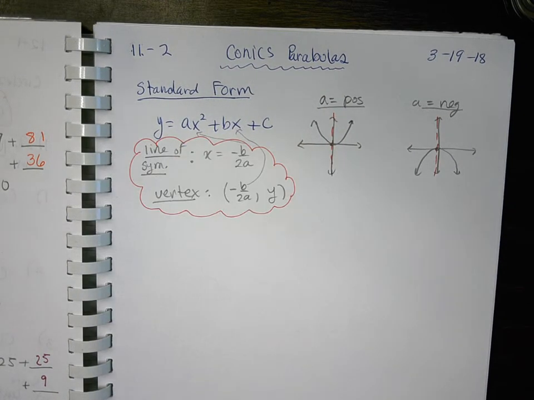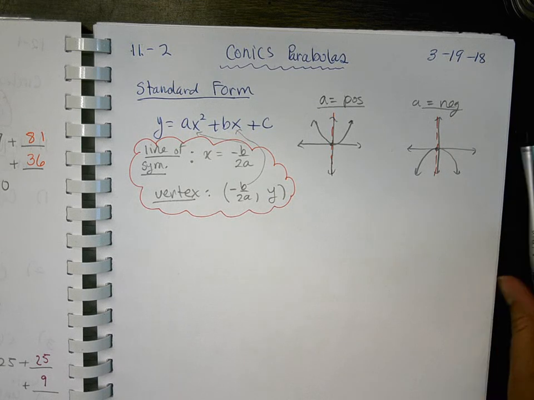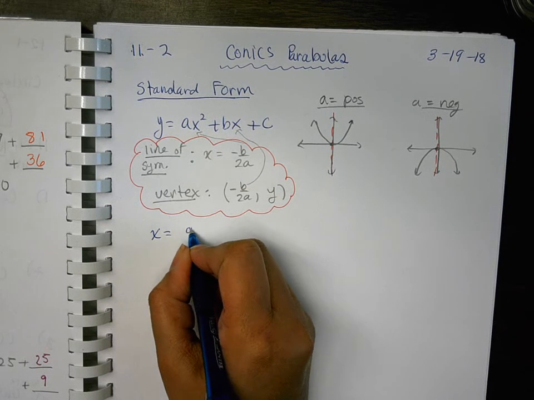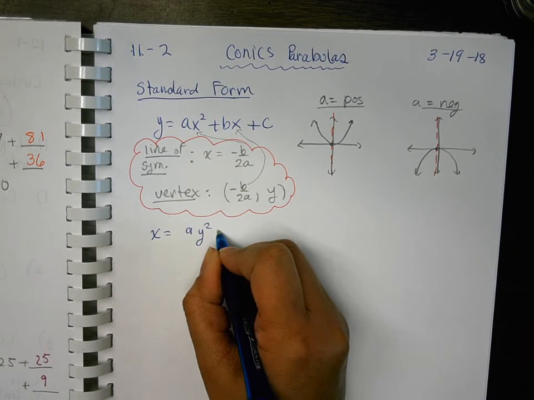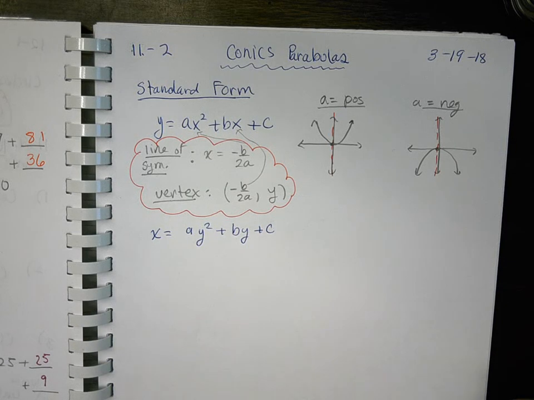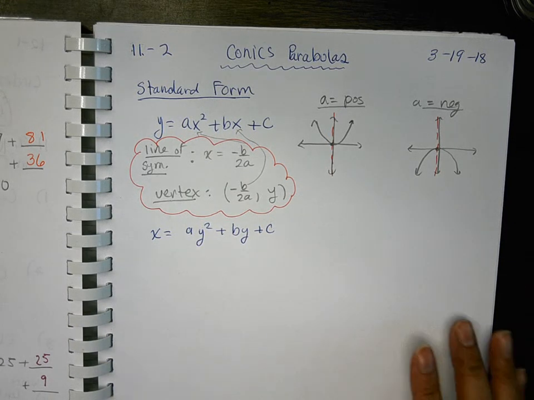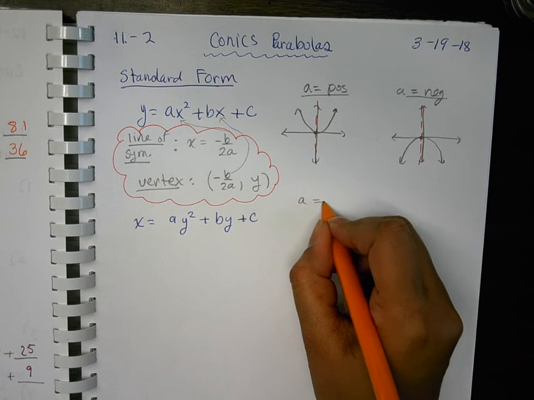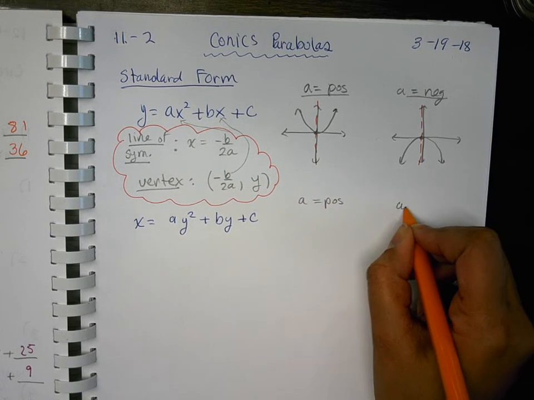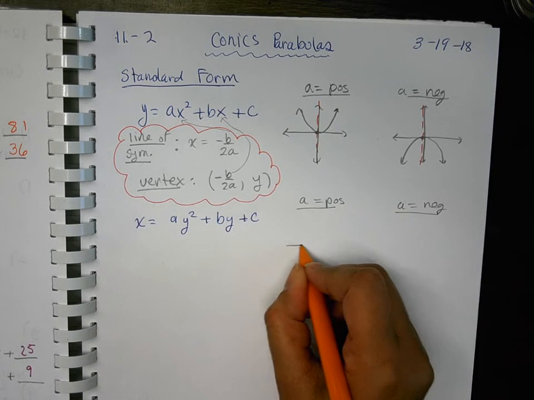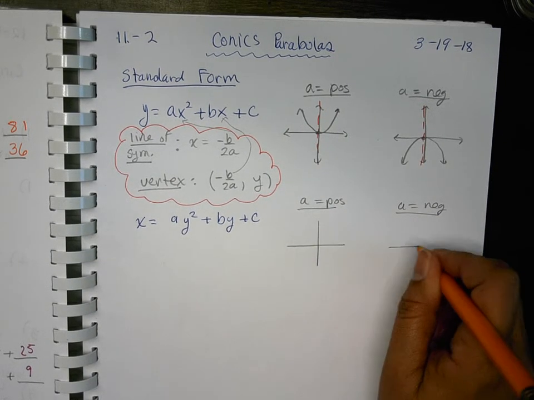yes or no? Yes? Okay, what's the difference between a sideways parabola? Instead of y equals, it would be x equals a y squared plus by plus c. All right, we're going to talk again about a being positive and a being negative and how that affects our graph.